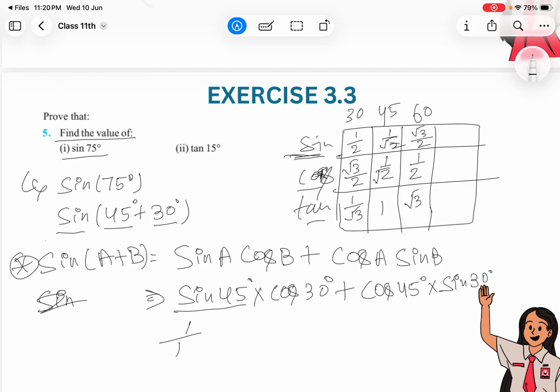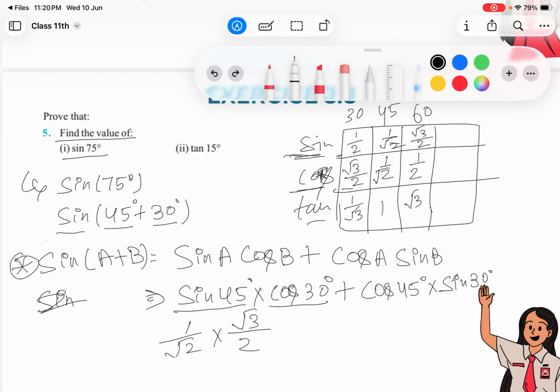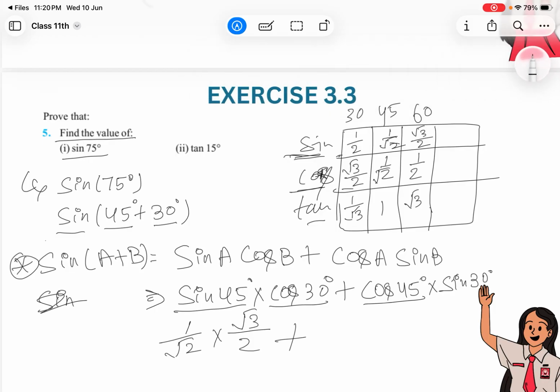Now see, what is the value of sin 45 degree? Sin 45 degree is 1 by root 2, into cos 30 degree, which is root 3 by 2, plus cos 45 degree, which is 1 by root 2, into sin 30 degree, which is 1 by 2.